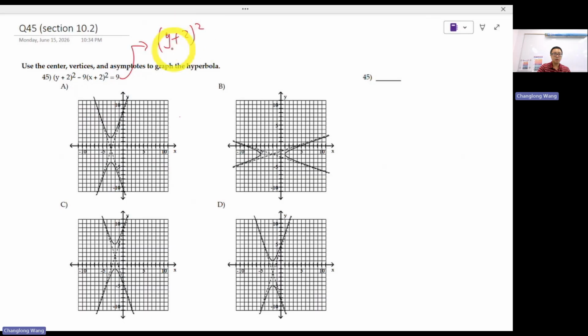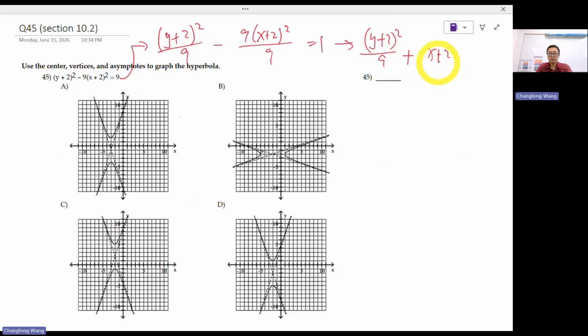So y squared over 9 minus x plus 2 squared over 9 equals 1. And that turns into y plus 2 squared over 9 minus x plus 2 squared equals 1.